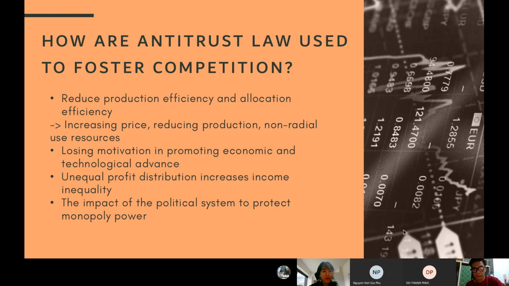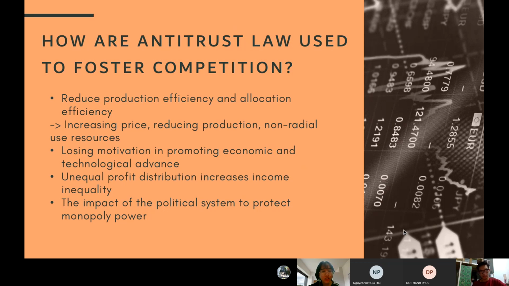For example, an increase in price means that when there's only one firm in the market, they set the price at the highest level to maximize their profit. So the consumer has to buy the product at a really high price.